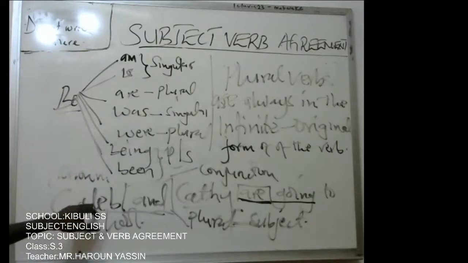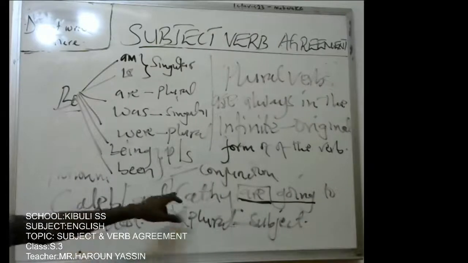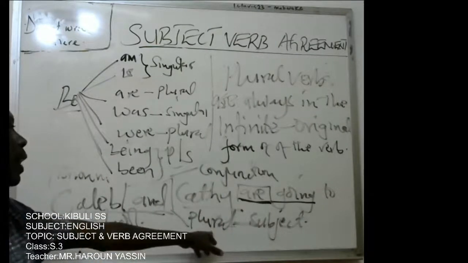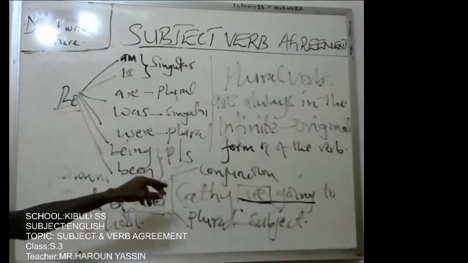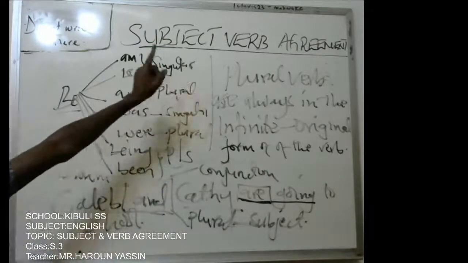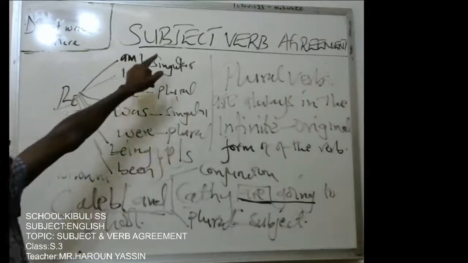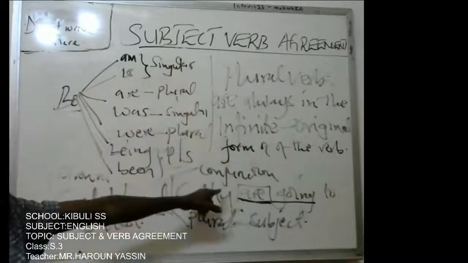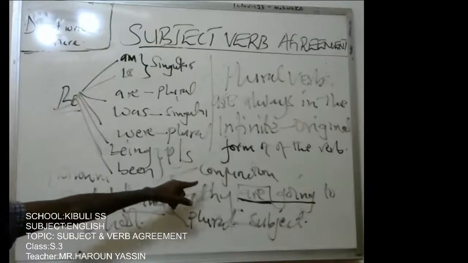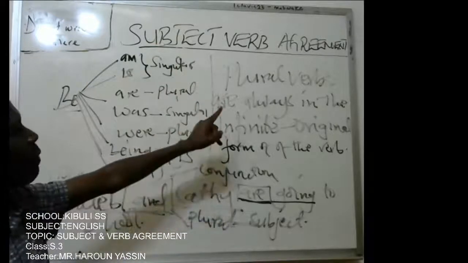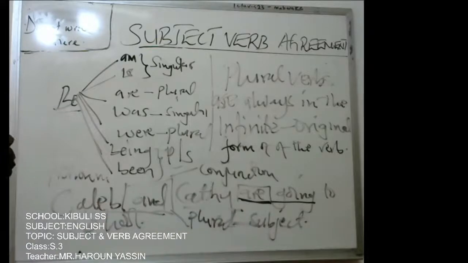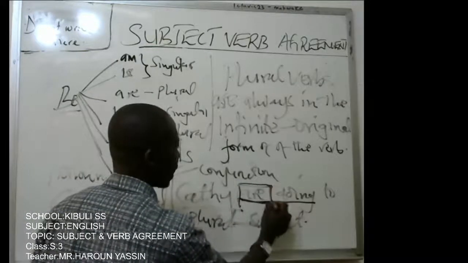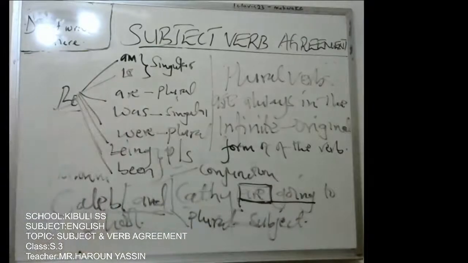Now that I have combined Caleb and Kathy, I have formed a plural subject. So the verb has got to agree with the subject, and since the subject is plural, then the verb also has got to be plural. That's why I'm having are in this sentence, which is plural.